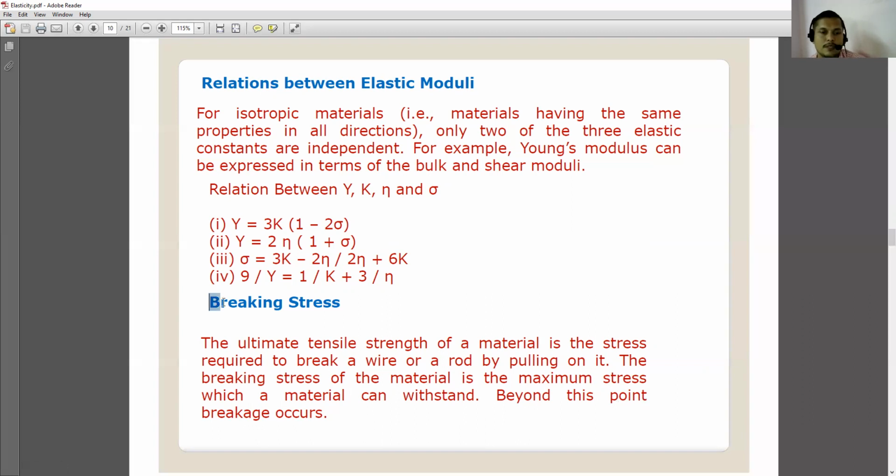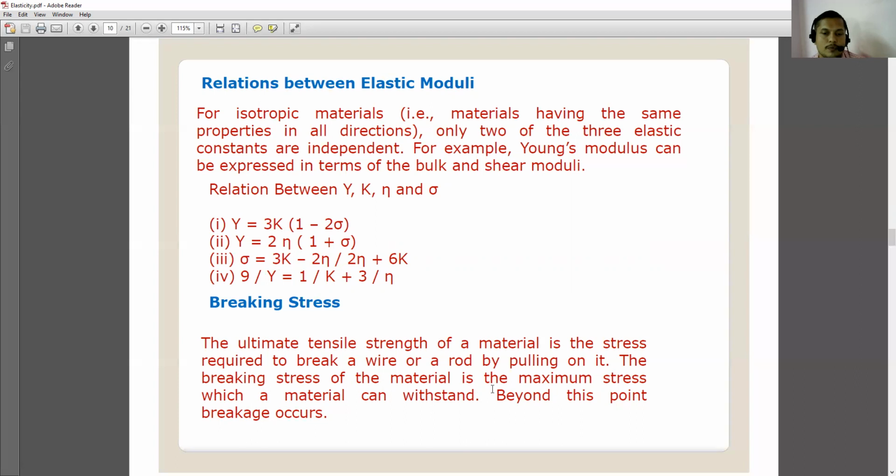Breaking stress means what? The ultimate tensile strength of a material is the stress required to break a wire or a rod by pulling on it.